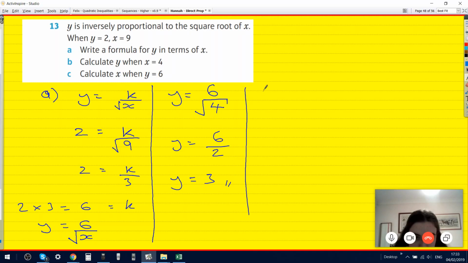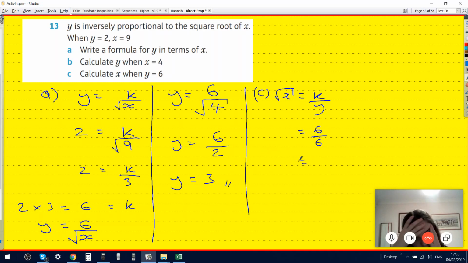Part C. X equals k over y. Not x, root x. Yeah. So root x equals 6 over 6.